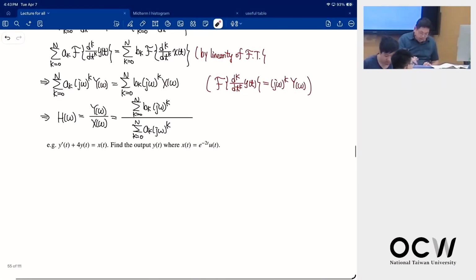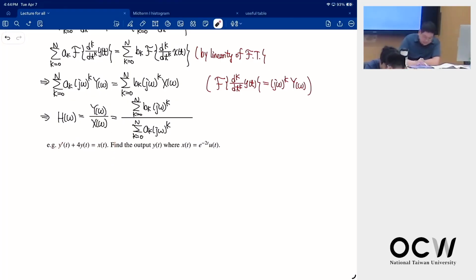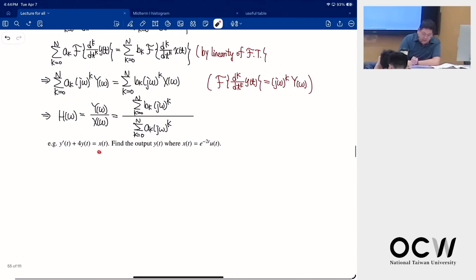Alright, now if I have the differential equation, ODE, I need to find the output. This is just like a quick review of your engineering mathematics. You can set it to 0 to find the homogeneous solution, and then with the x to find the particular solution, and you combine these two to get your overall general solution. Or you can take the Fourier transform to do it.